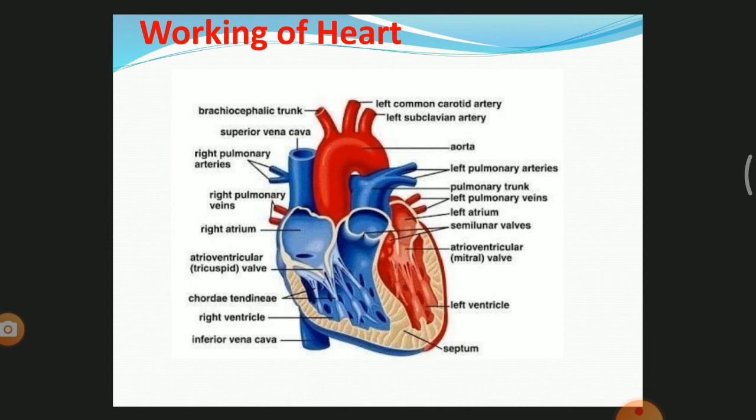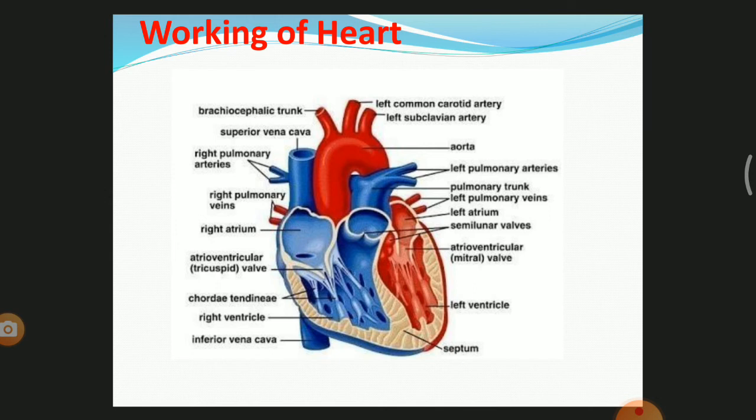At the same time, in the left auricle, blood is collected from the lungs with the help of the pulmonary veins, left pulmonary veins and right pulmonary veins. These veins collect the oxygenated blood from the lungs, and that blood is collected into the left auricle.